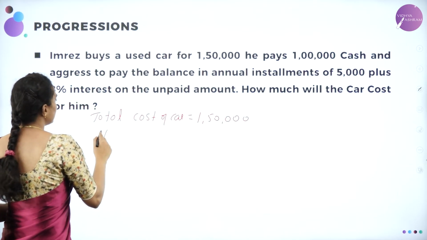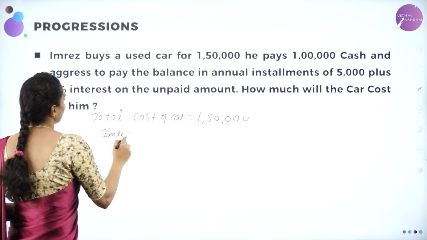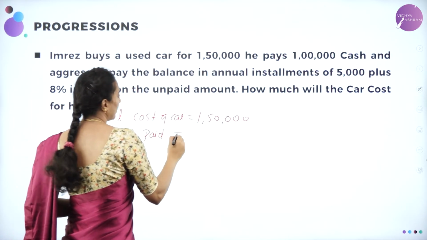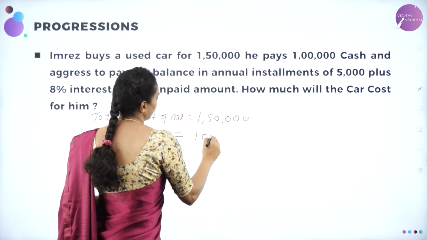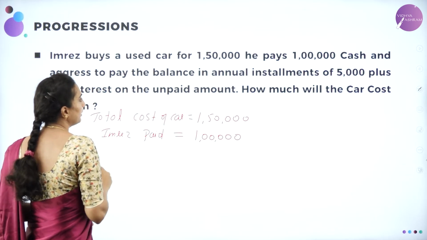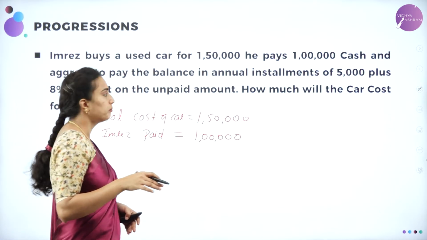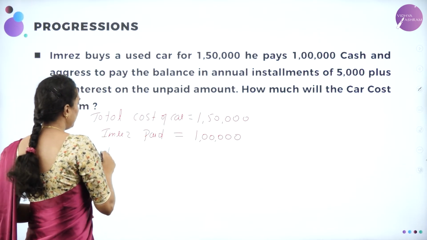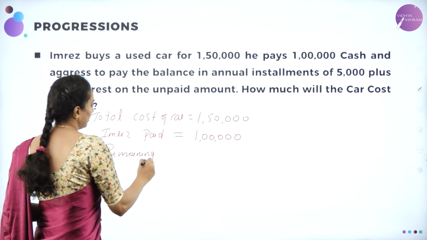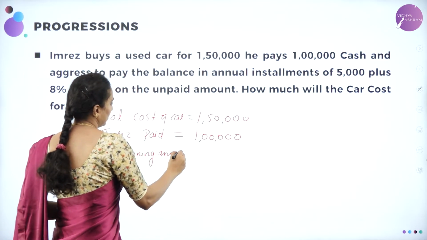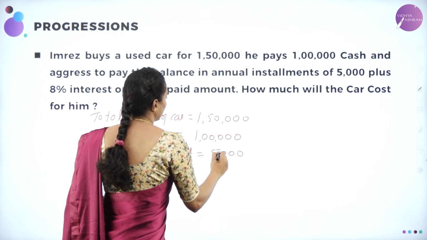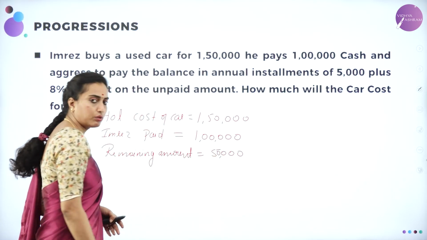Now Imre has paid for the car 1 lakh. The installment he is going to pay is 5,000, but the remaining amount to be paid is 50,000, correct? That is the due you are going to have.